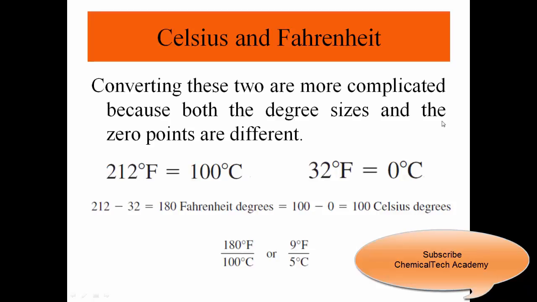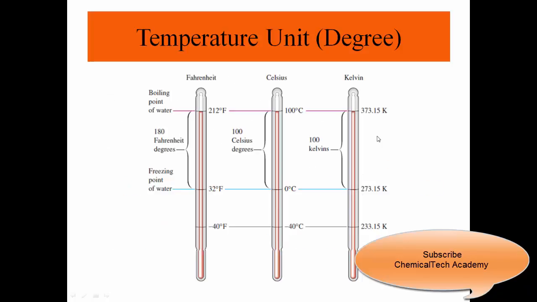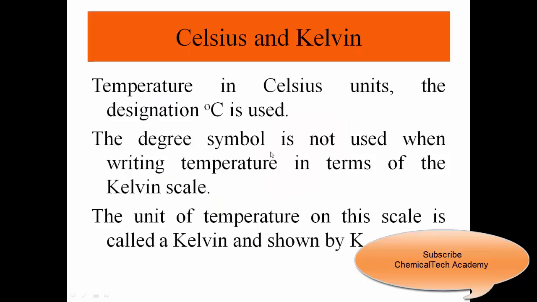So let's see how to convert Celsius and Fahrenheit. Converting these two is more complicated because we have differences in both degree sizes and 0 points. If I go back to this slide, as you see, the 0 points are different, and the size of degrees are different too, because here we have 180 and here we have 100.